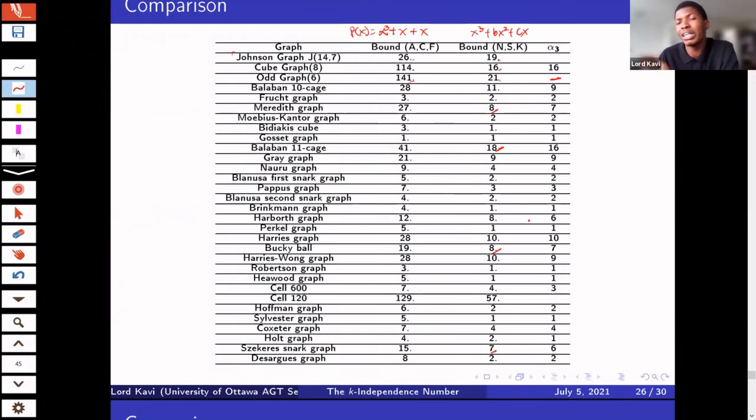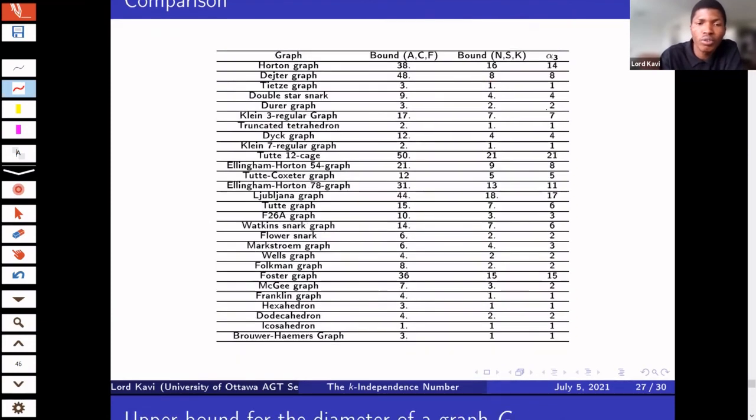But in most cases, we see that the values are very close. In fact, they are close and they are equal in most cases. And in fact, for all named graphs in Sage, the same pattern continues. So that tells us that, yes, indeed, that polynomial does a very excellent job. And in fact, that's the best possible. We can't do better than that.